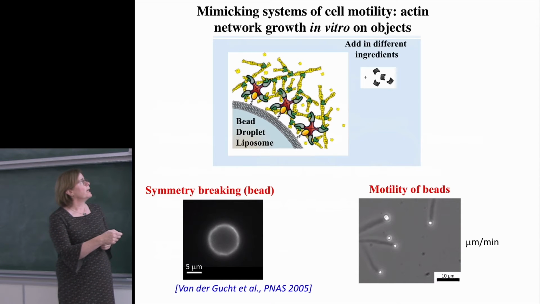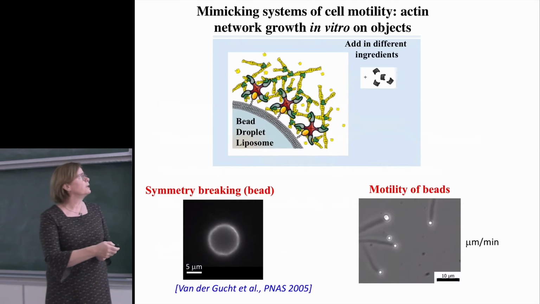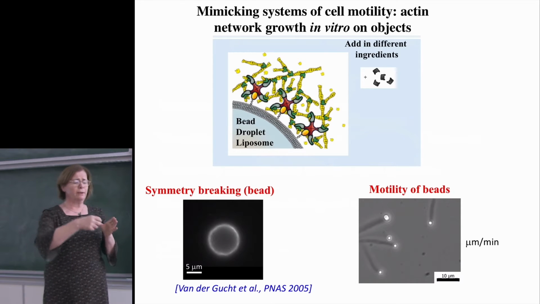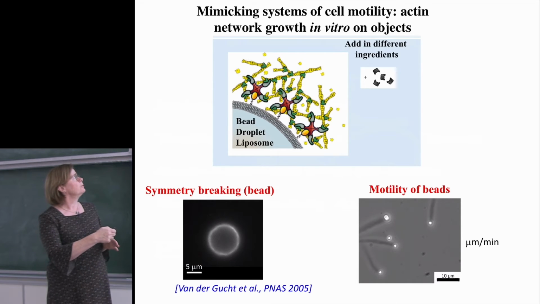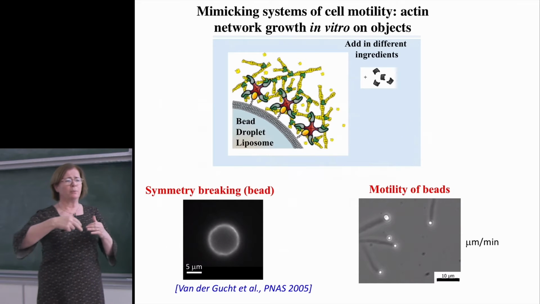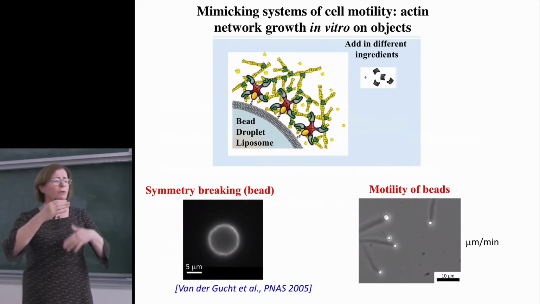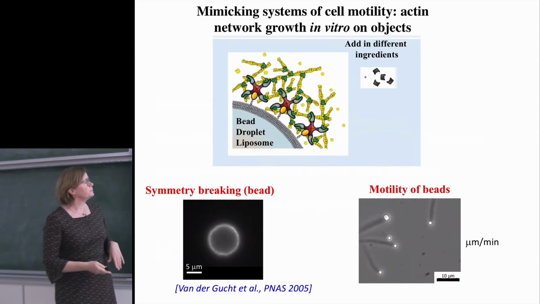And because the branching would go exponentially, we can add what we call capping proteins that will prevent the filaments from growing. So as soon as you have a new branch, you have a capping protein that can stop the polymerization of the filament to allow it to branch more.